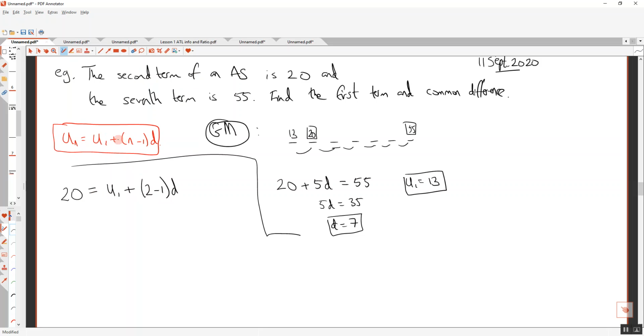Ashley, is that what you did? Not really. I kept it as d, and then I did subtraction, so I cancel it out. Oh, okay. Well, I've just substituted everything into the equation. I can do the same for the seventh term. Seventh term is 55. So that's again u1 plus (7 minus 1) times d.